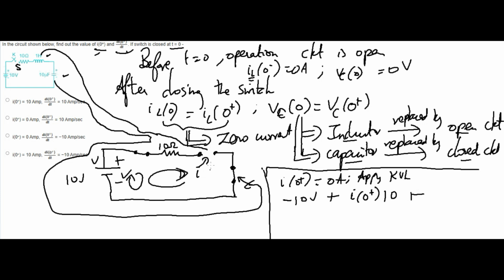Plus VL of 0 plus, the voltage of the inductor, and then plus VC of 0 plus.